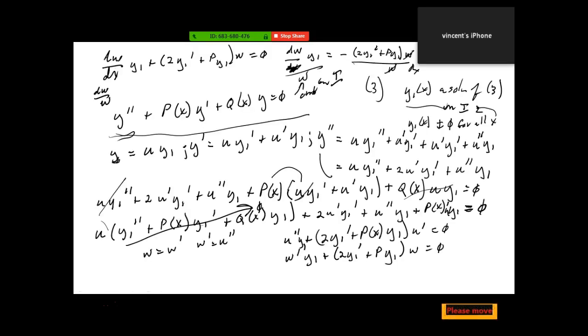Okay. And this times y1 is equal to, these are all x terms here, a minus 2y1 prime plus p y1 dx.